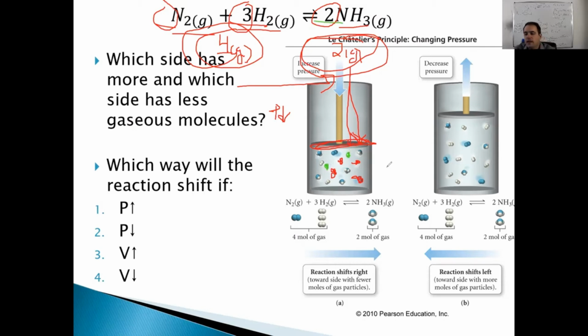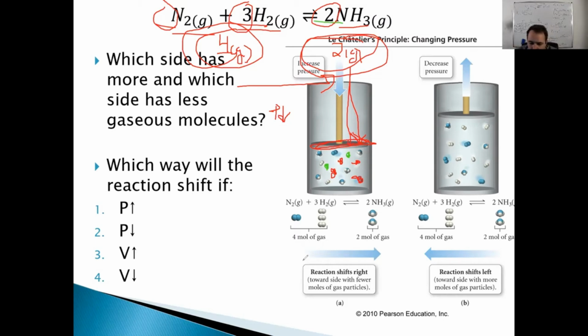Taking away 4, adding 2, you're going to have less particles in there. Every time you do that, you lost half of your particles. Less particles flying around there, less collisions with the walls of the container. That's what pressure is. That's how shifting to the side with less gaseous equivalents brings your pressure back down.